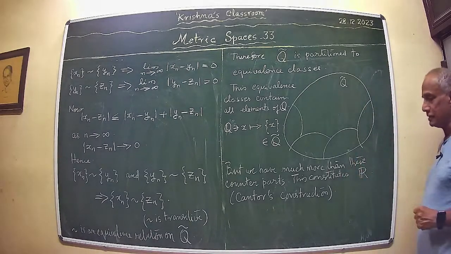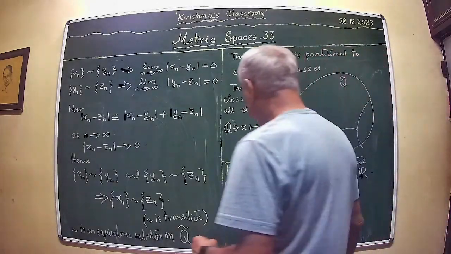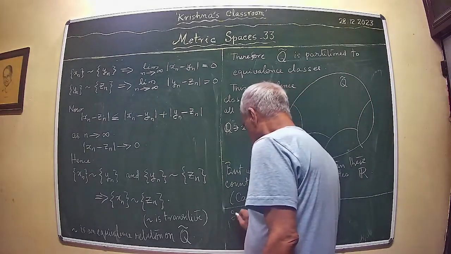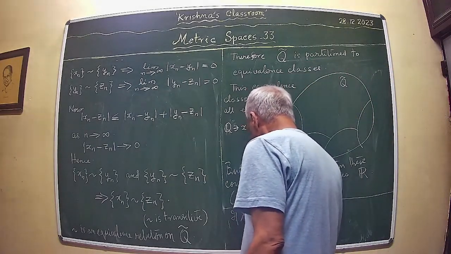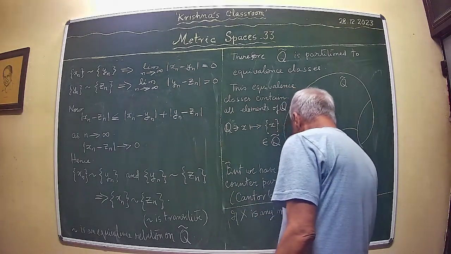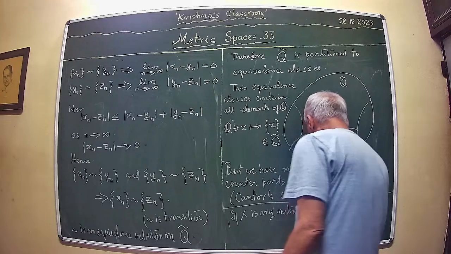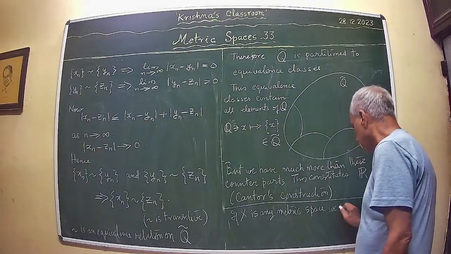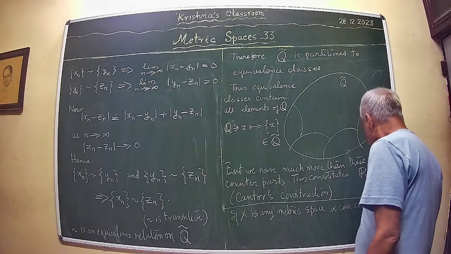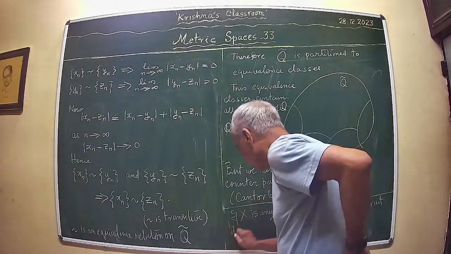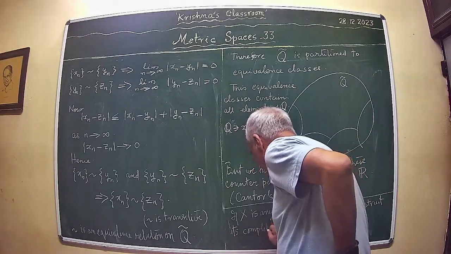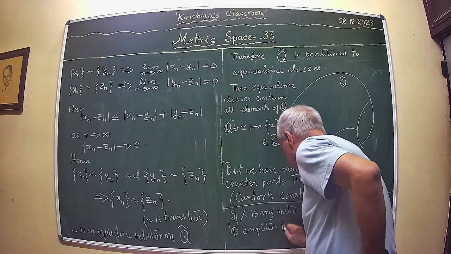So what we prove is this: if X is any metric space, we can construct its completion through this procedure.